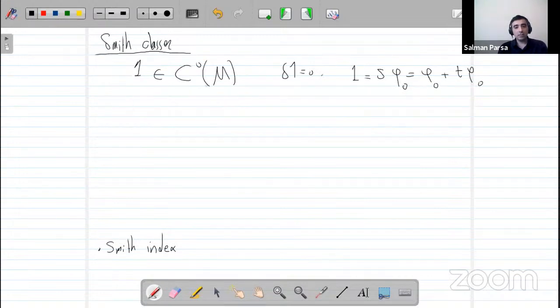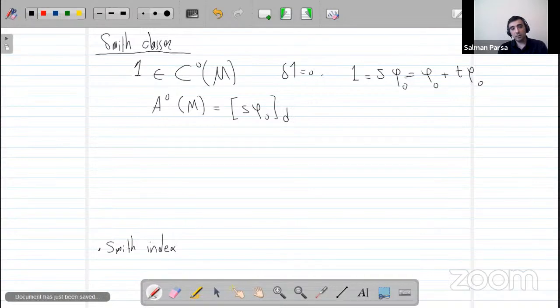And let's define A naught, the zero-dimensional Smith class of M, to be the D cohomology class of this cochain, S phi naught, which is the same as 1, right? So now let's look at the coboundary of phi naught.